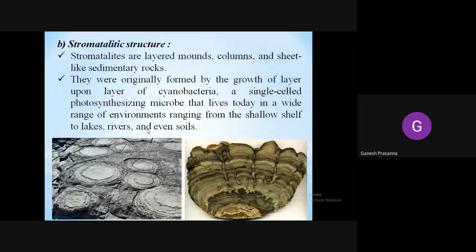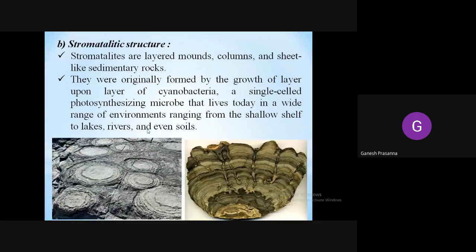After the fireball stage, a gaseous stage came into the earth. Before life on the earth, the first single-celled organism, the cyanobacteria, was derived with the help of protein and amino acids. Amino acids were responsible for the growth of life on the earth.